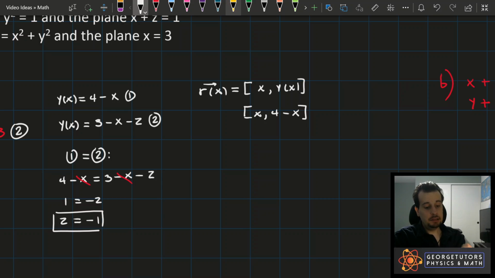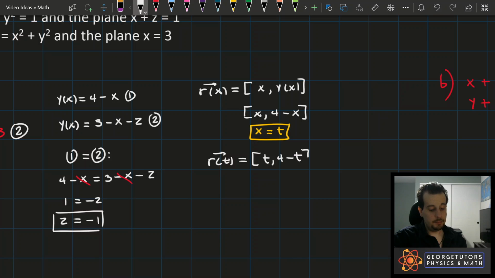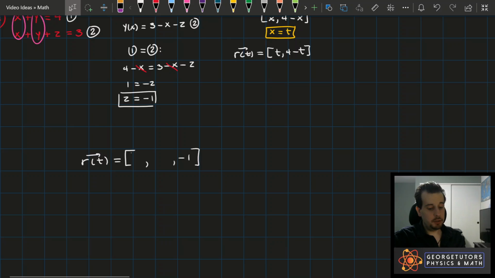And then if I let x equal t, because really x is the actual independent variable in the parameterization, then r of t for the two components here, the x and the y, is going to be t and 4 minus t. And that's exactly what I fill in for the last two components here.